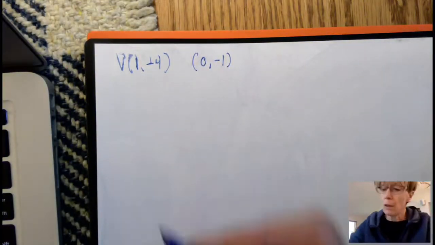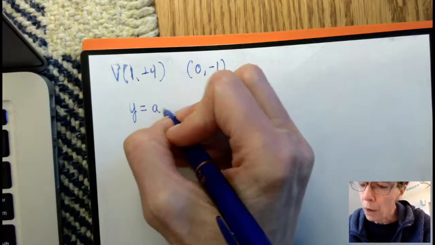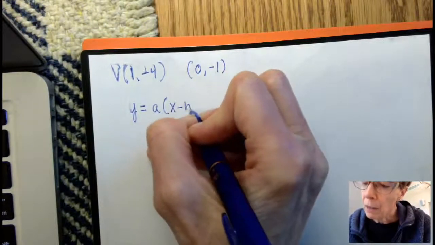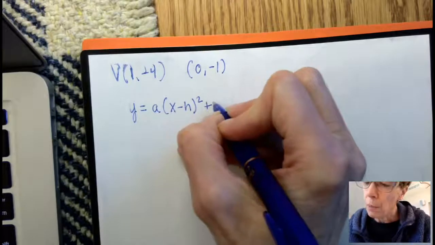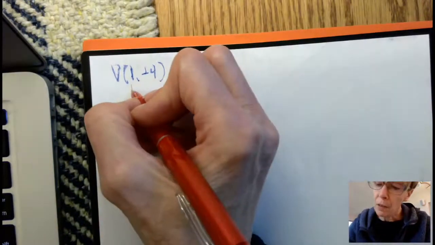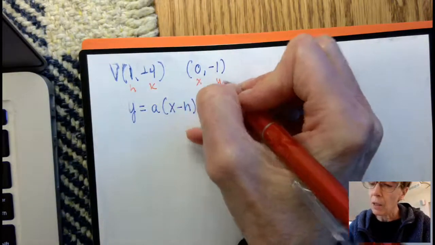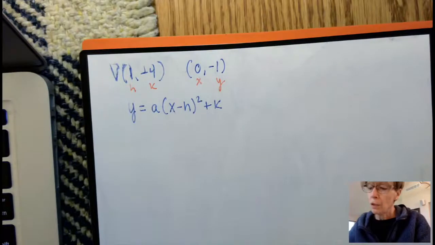Vertex form is y equals a times (x minus h) squared plus k, and let me label here that this is h, this is k, this is x, and this is y. So we can fill these back in. Y is -1. We don't know what a is.